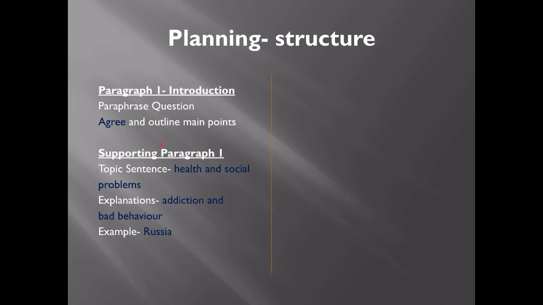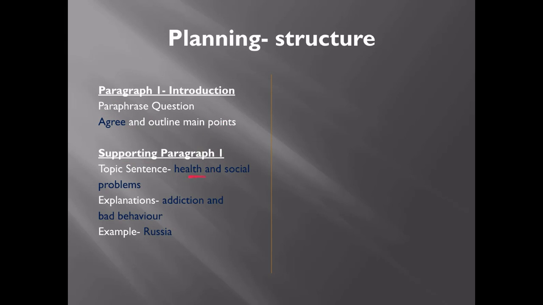You can use abbreviated shorthand writing, TS for topic sentence, XP for explanation, EX for example, whatever makes it easier and faster for you. I'm obviously making it easy for you to read this, so I'm writing it out in longhand. So paragraph 1 or introduction: paraphrase the question, and I'm going to agree and outline my main points.